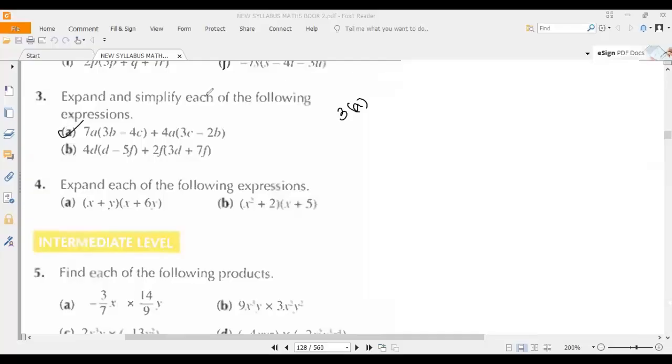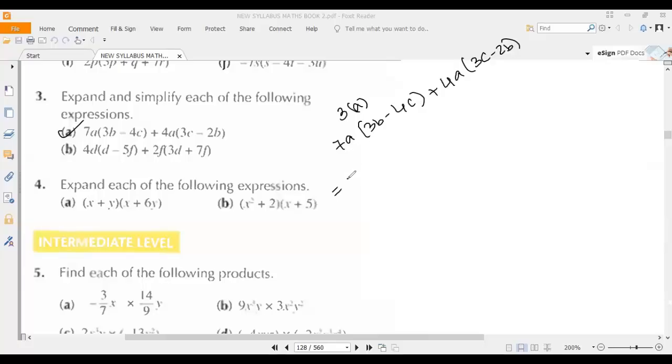3a says expand and simplify each of the following expressions. So 3a, 7a into 3b minus 4c plus 4a into 3c minus 2b. Now we need to multiply 3b minus 4c at first by 7a.